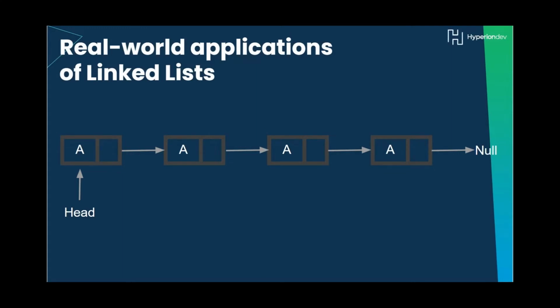A node may contain two fields, i.e., the data stored at that particular address, and the pointer which contains the address of the next node in the memory. The last node of the list contains a pointer to null, as you can see in the image. There are also other types of linked lists, like doubly linked lists and circular linked lists.